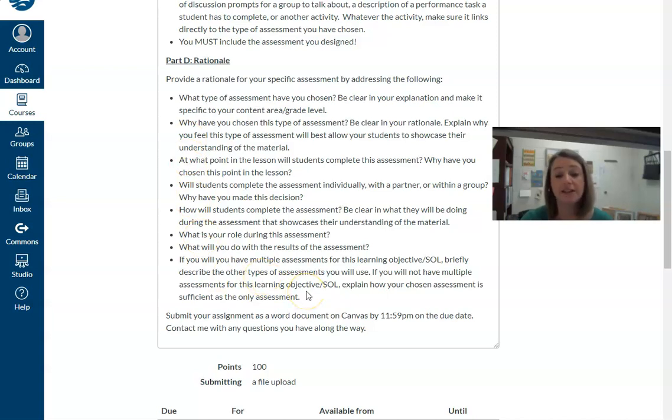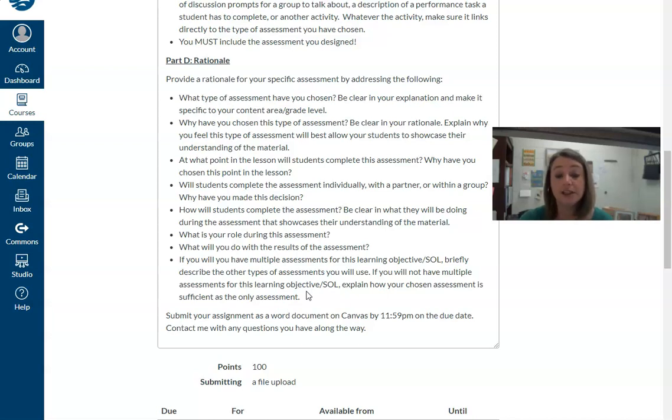It's just trying to get you in the mindset of understanding that our assessments can vary based on the subject matter and the grade level, but it's always based on, what do I want to know about what the students learned? I am not a fan of standardized tests. I do not think that they measure anything other than whether or not you're a good test taker.